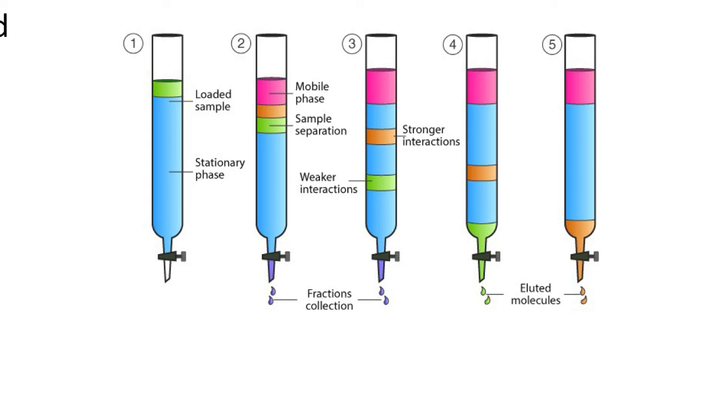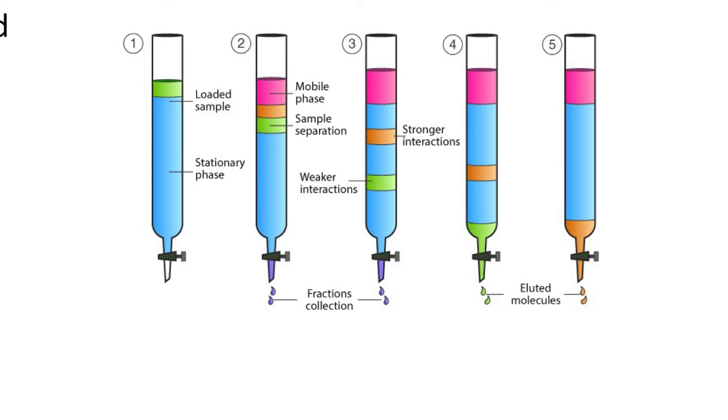So the orange one has moved slowly through it, the green one has moved quickly through it, and therefore the green one's going to come out first, and then the orange one will come out later on. All right, what's this blue stuff over here? It's the mobile phase, which is still moving through as well. And the mobile phase generally gets through there faster than the substances.